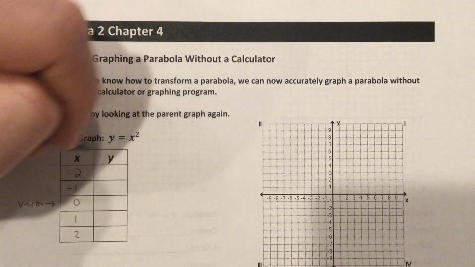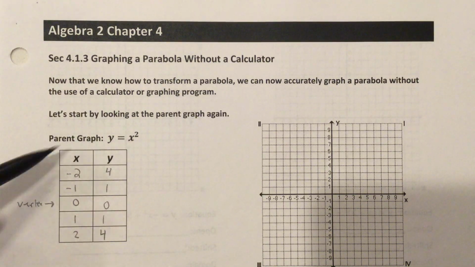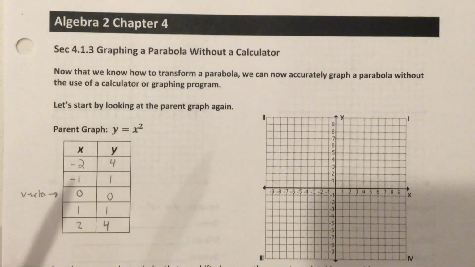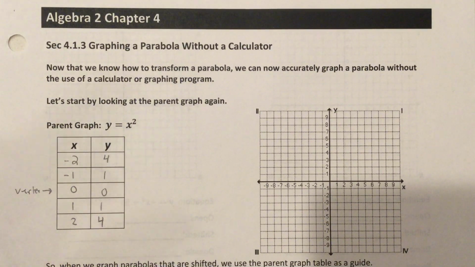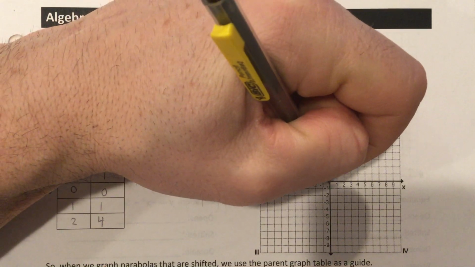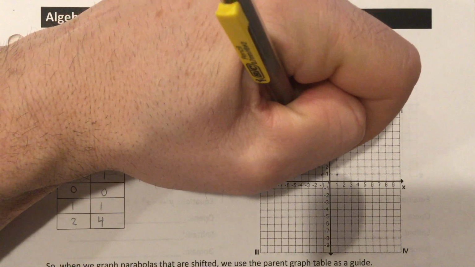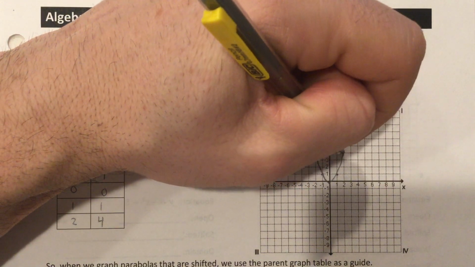And -2 squared is 4, -1 squared is 1, 0 squared is 0, 1 squared is 1, and 2 squared is 4. So that's how we get our parent graph table as a reminder. And when we plot those points, we end up with our parabola with a vertex at 0, 0.